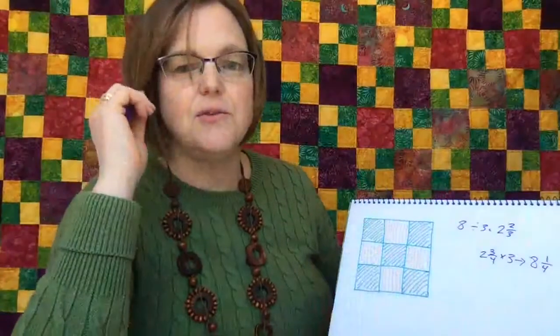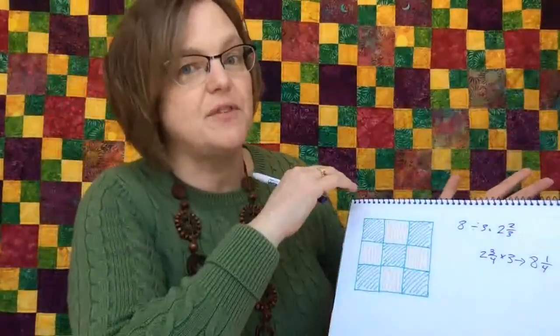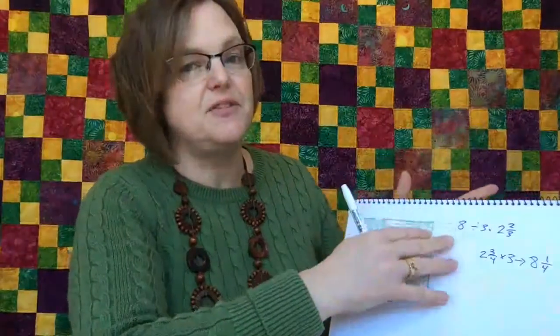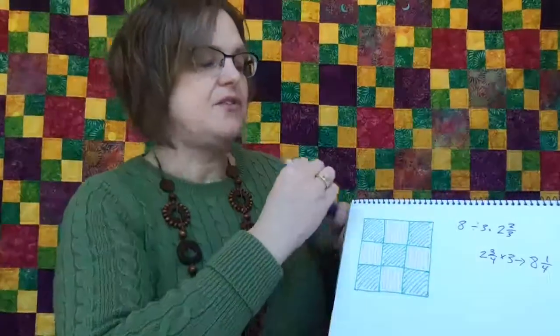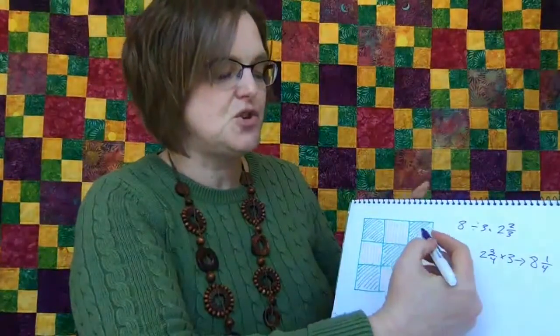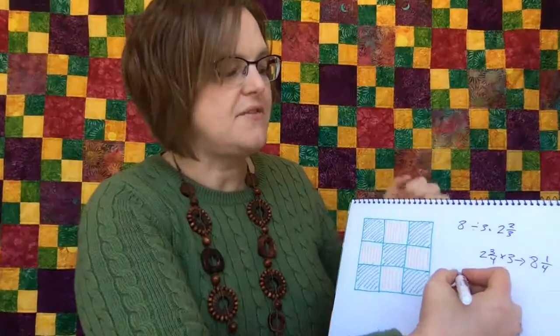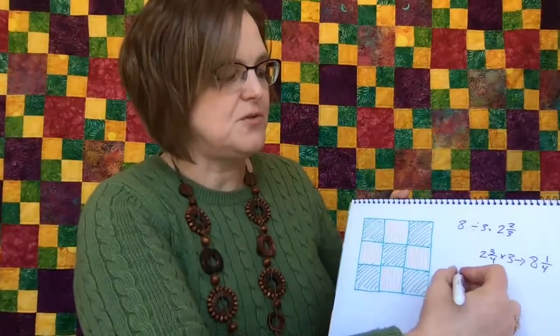So then you just know, if you want the small pieces to be 2 3/4, remember, before you cut them out, you have to add the seam allowance. So 2 3/4 plus a half for the seam allowance, and that will be 3 1/4.